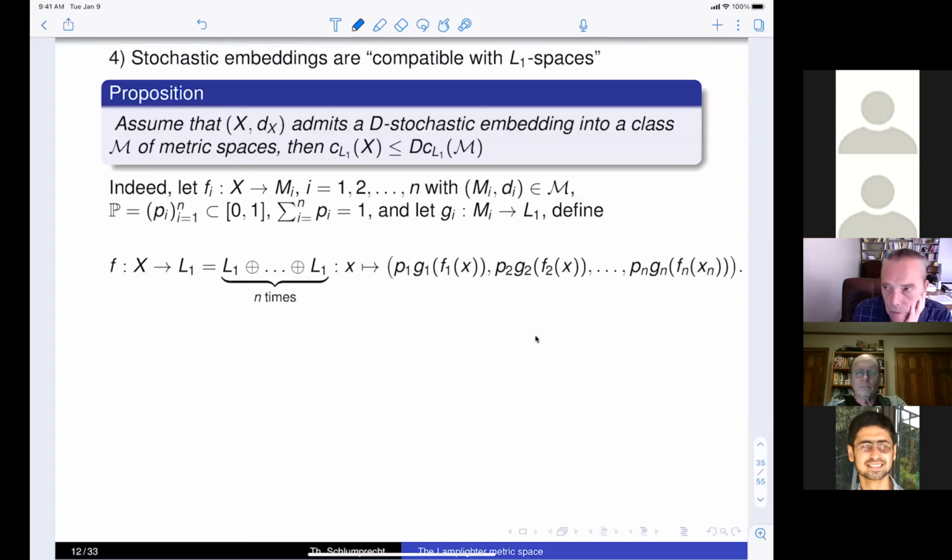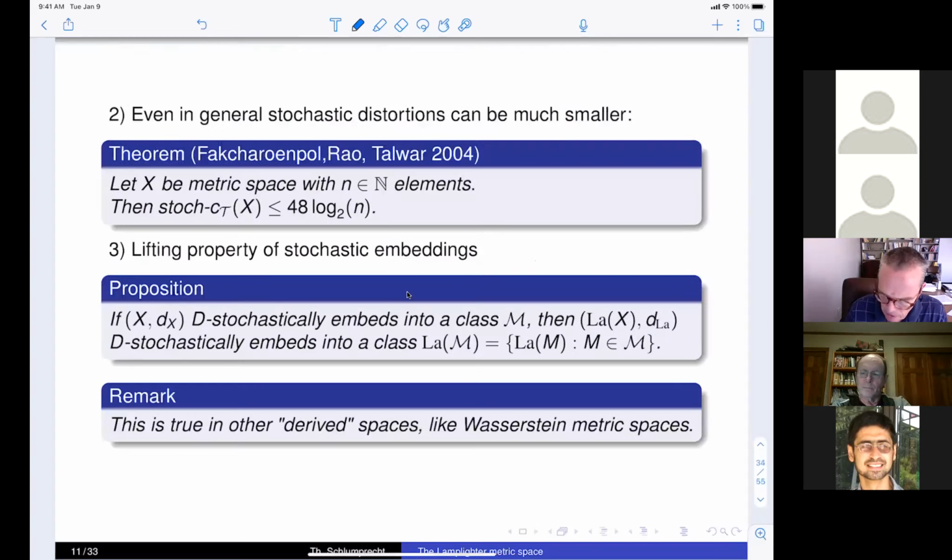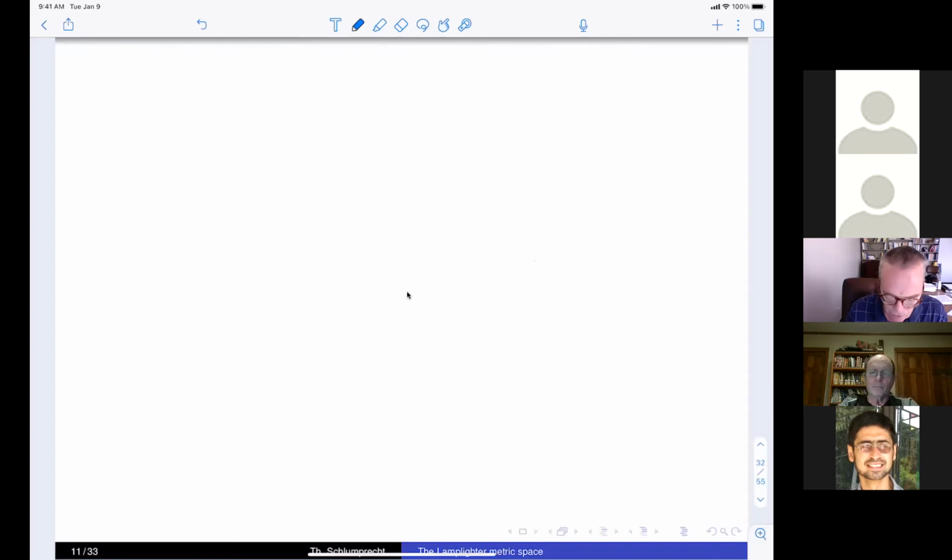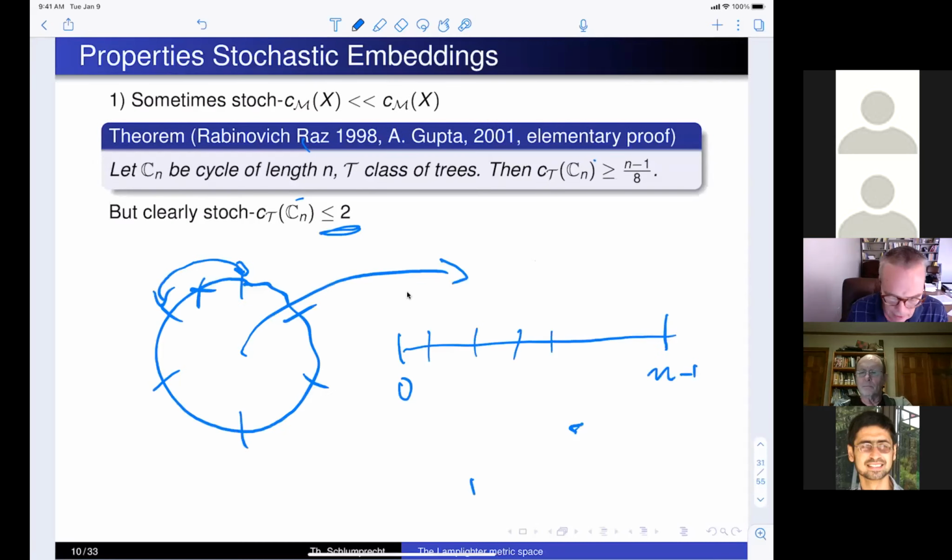I suppose for this type of question there is no point of having it continuous. Yeah, you can define it for continuous. There's probably some measurability assumption you need, but yes, you can define stochastic embeddings. But for this type of problems, I don't see any good application for that.